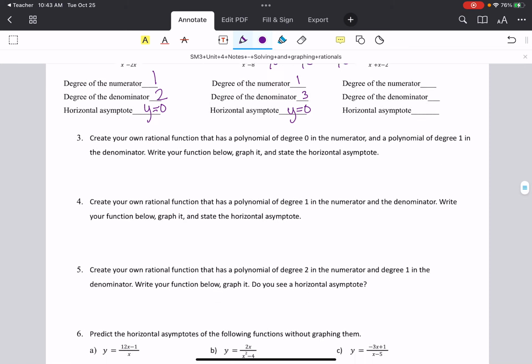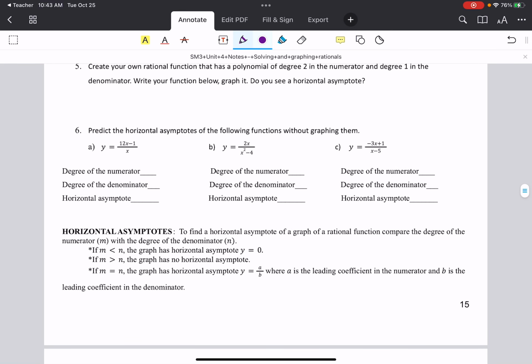Correct. I want you to come down here, and this at the bottom of this page is what all this is saying. If m is less than n, the numerator is m, then the denominator is bigger, so automatically y equals 0.